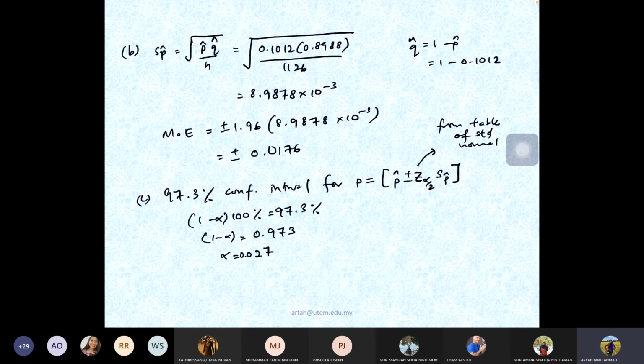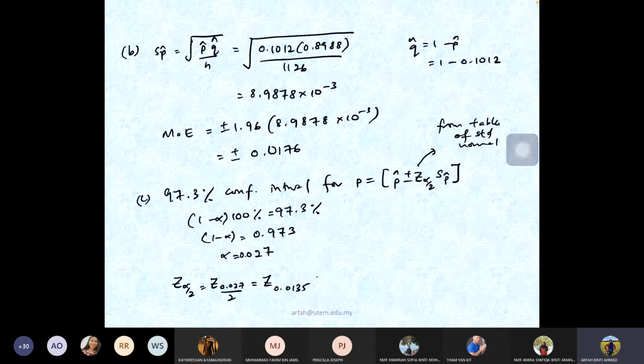So 0.027, betul. So from here Z alpha over 2 equal to Z 0.027 divided by 2, Z 0.0135.